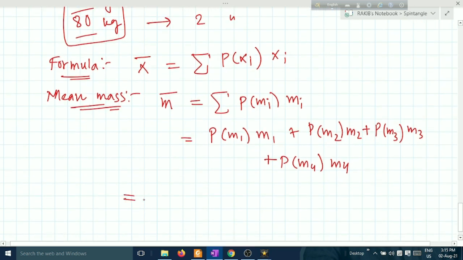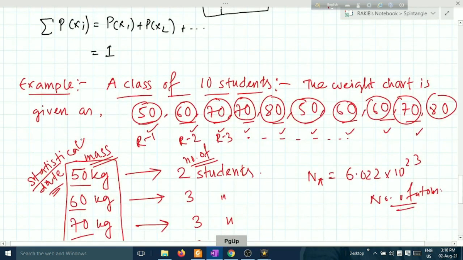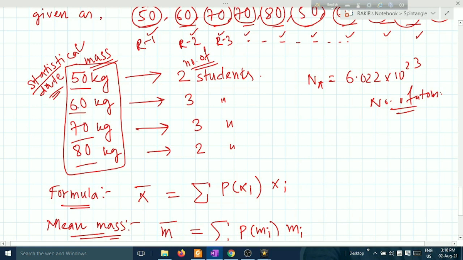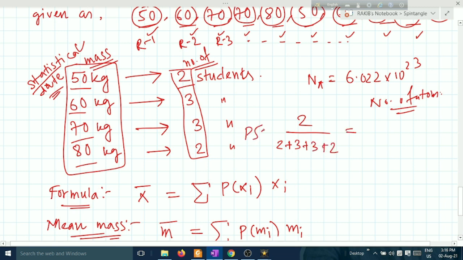So put it here. Okay, what is the probability of mass 1? Mass 1 is 50 kg. The probability of having 50 kg is 2 upon 2 plus 3 plus 3 plus 2. Why?